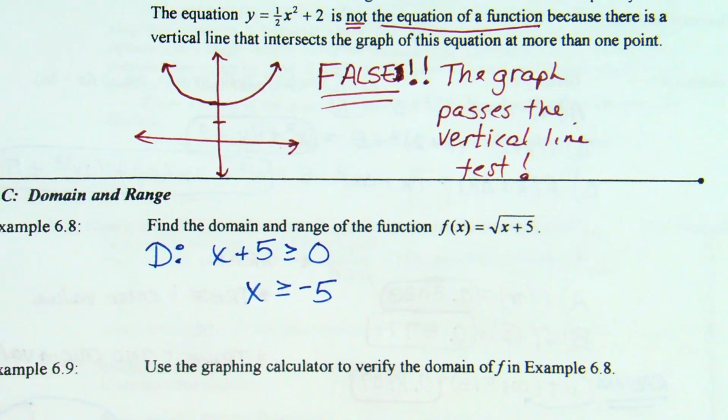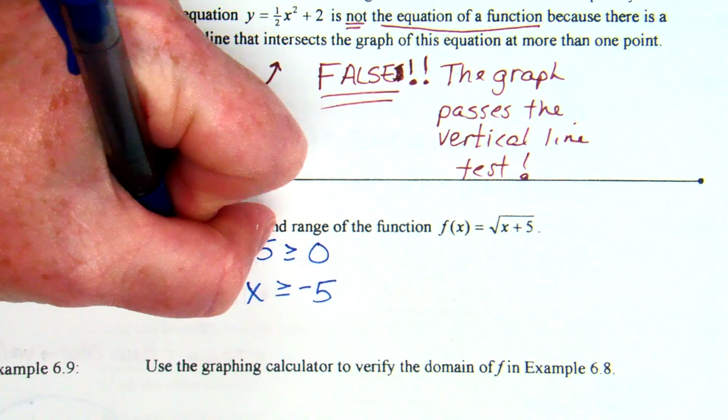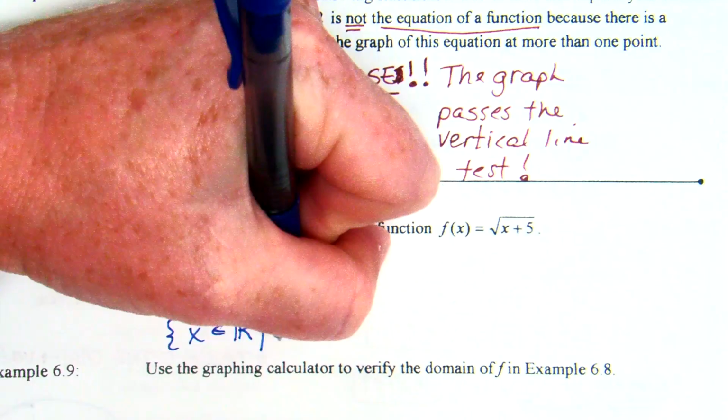Now, I don't want you guys to freak out at how the answer key would write this tomorrow. This calc book uses something called set notation. So, one of those squiggly things, right? X is a member of the reals such that X is greater than or equal to -5.